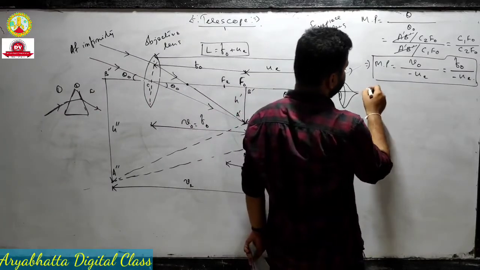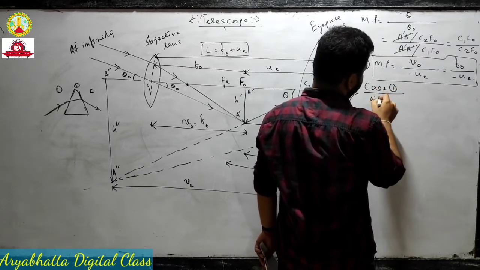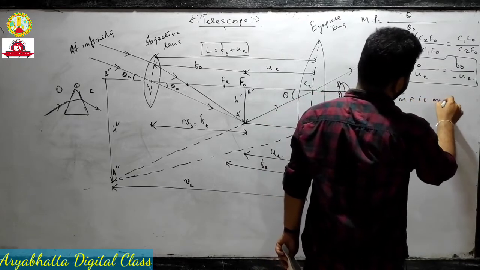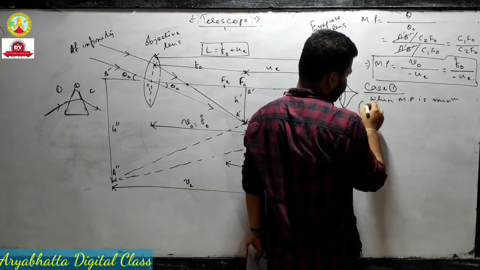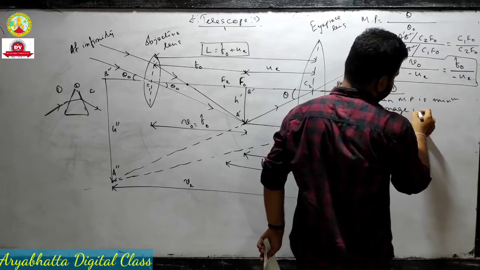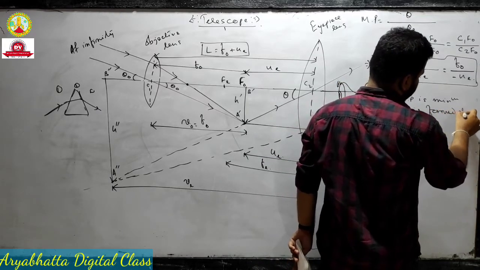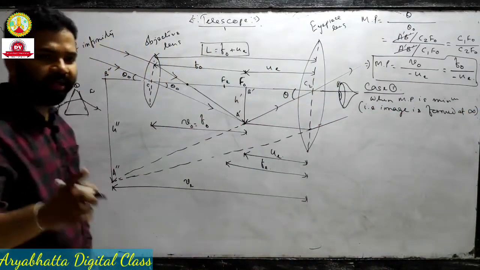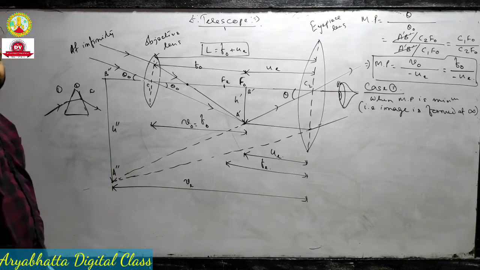So case one: when magnifying power is minimum, that is image is formed at infinity. Tell me when this image A''B'' will be formed at infinity.